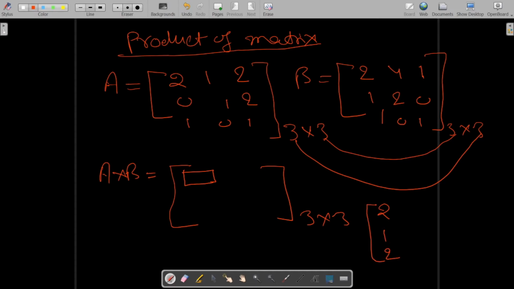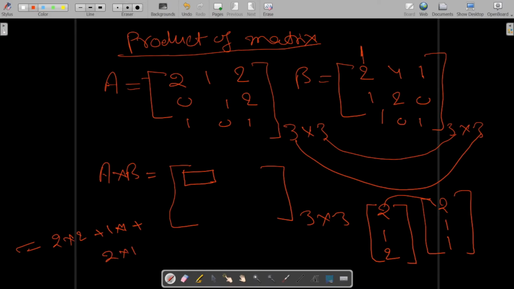This is one vector, and then take the first column of the second matrix, which is nothing but 2 1 1, and then perform the product of these two. So this is nothing but 2 cross 2 plus 1 cross 1 plus 2 cross 1, which is 4 plus 1 plus 2, which is 7. So here it will be 7.